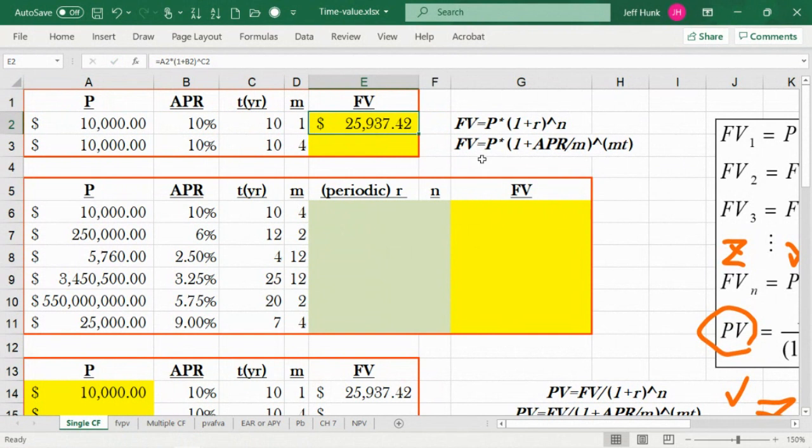No, compounding doesn't have to be only annual. It can be quarterly, semi-annually, monthly, even weekly, even daily, even by the hour.